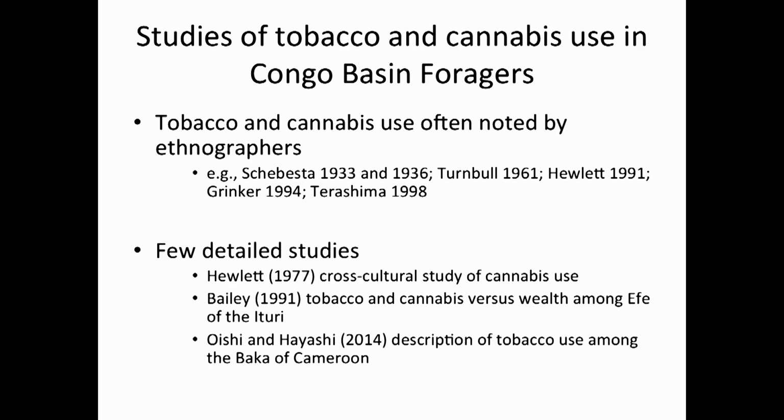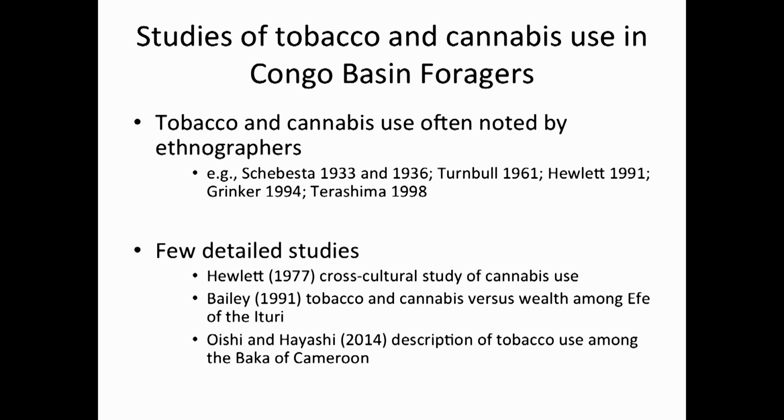Now, tobacco and cannabis use has actually been noted quite a bit among these groups. So they've been written about by a lot of the early ethnographers that went into these areas that were writing about the Efe, the Mbuti, the Aka. But there's really, really few detailed studies.